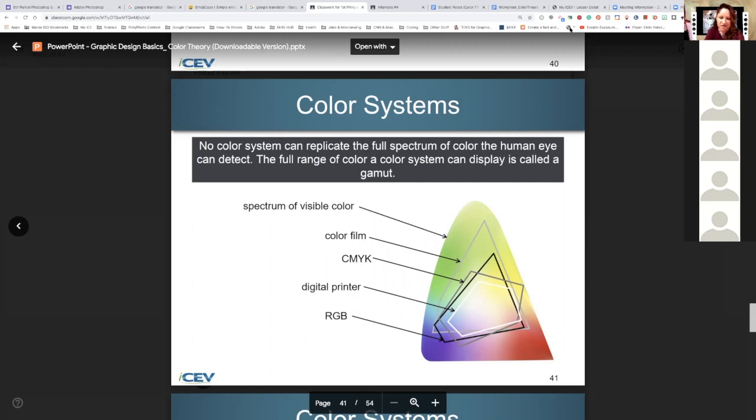Just a note here, no color system can replicate what the eye can see. The human eye is super intelligent, and we try to replicate colors in TV screens, monitors, film, but no color system can replicate the human eye. The full range of color a system can display is called a gamut, and you've got the 6 gamuts in this illustration here, but none of them come close to what the human eye can see.